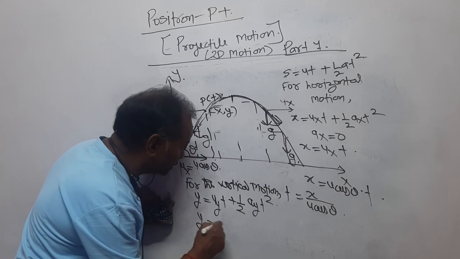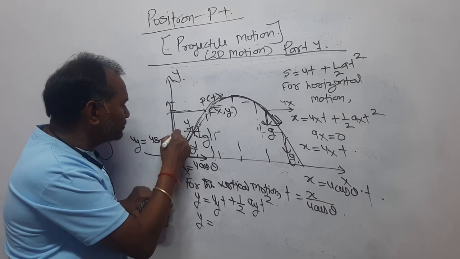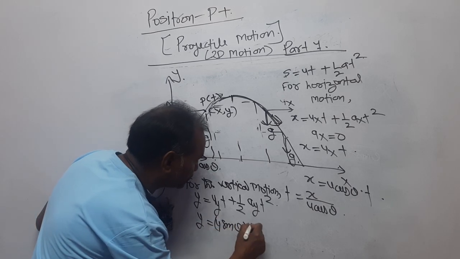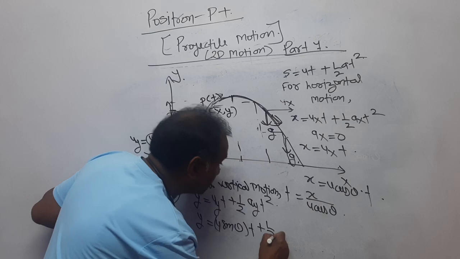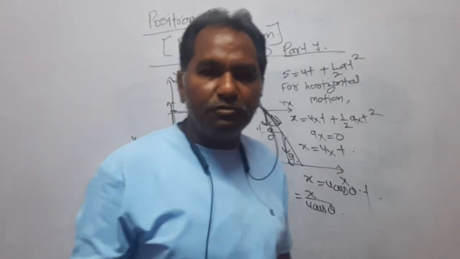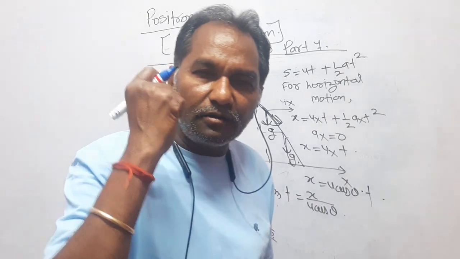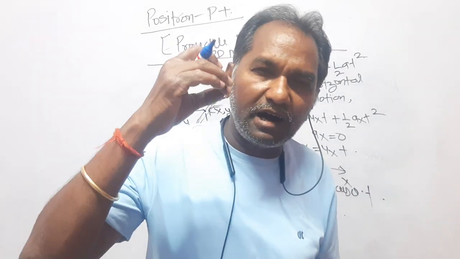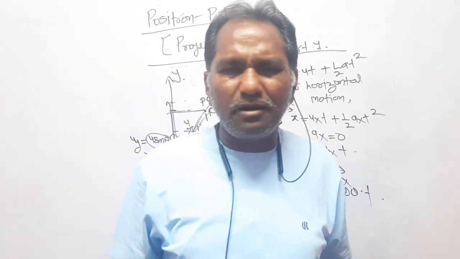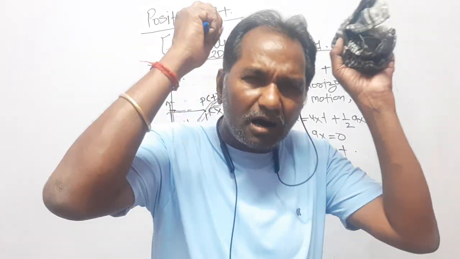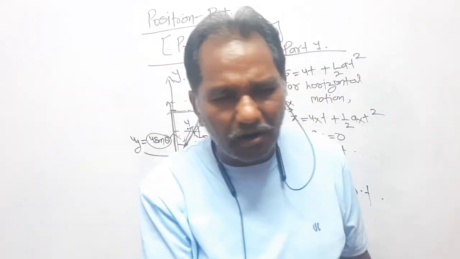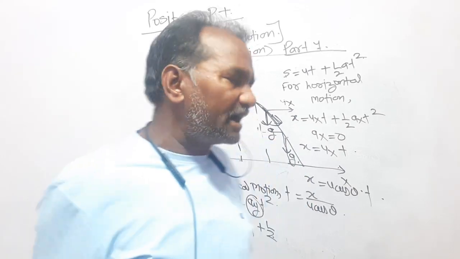Y equal to, dear student, uy, the initial vertical velocity, is u sin theta, into t plus half the vertical acceleration. Throughout the motion, I have shown you in the diagram that one and only one acceleration is acting, that is acceleration due to gravity. Whether the body is going upward or downward is immaterial. The acceleration due to gravity is always acting vertically downward. So always you have to keep it negative, right?